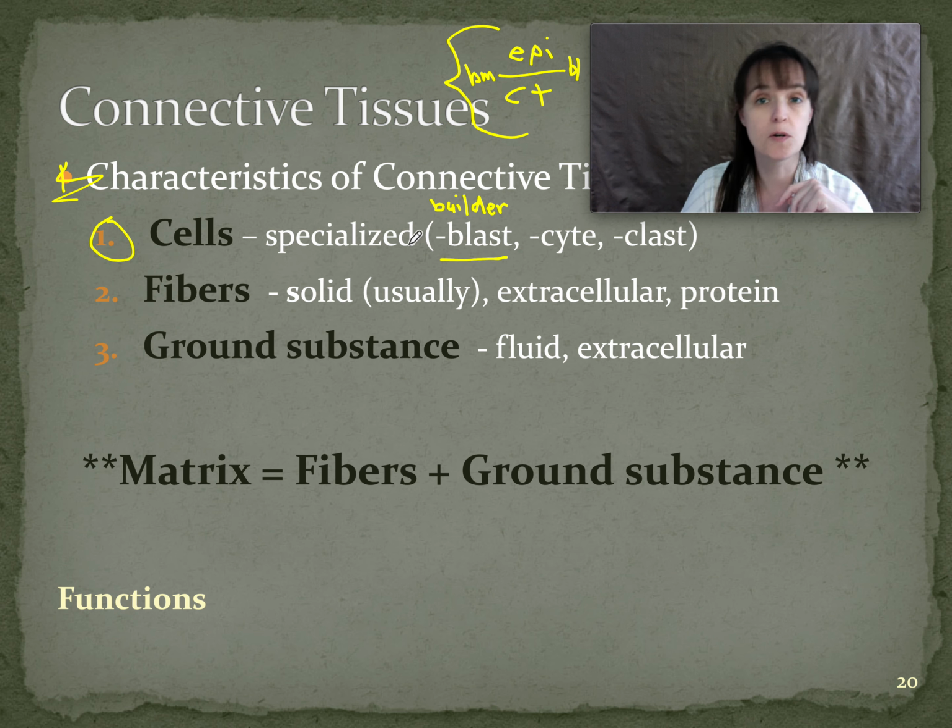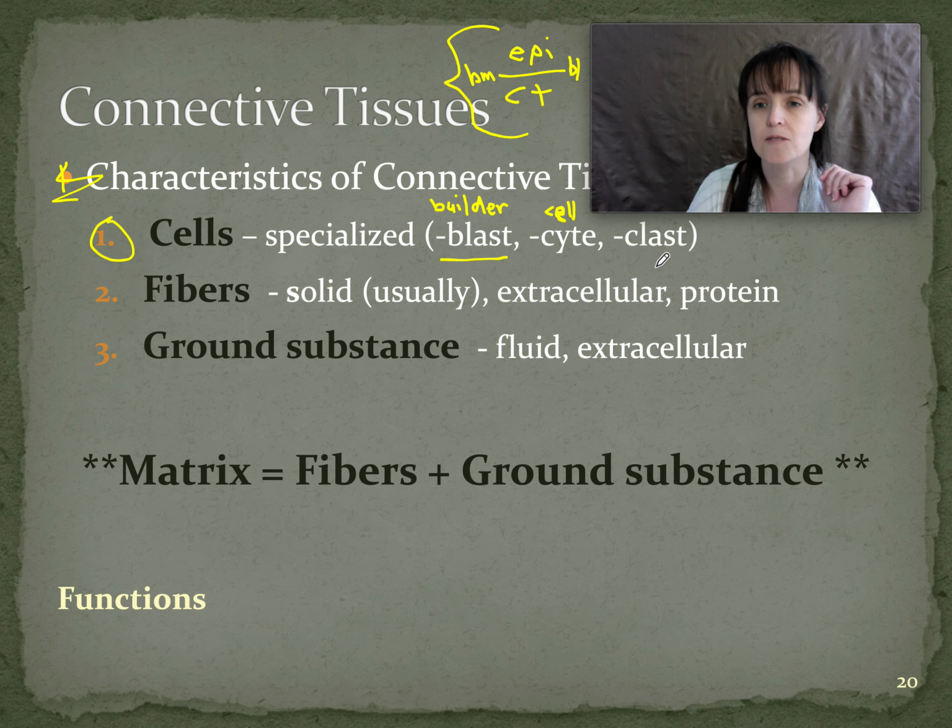A fibroblast is a cell that builds fibers. A chondroblast, chondro means cartilage, so that's a cell that builds cartilage. An osteoblast is a cell that builds bone. Cyte just means cell. So an osteocyte is a mature bone cell, osteo means bone, that maintains the matrix around it, as we will learn.